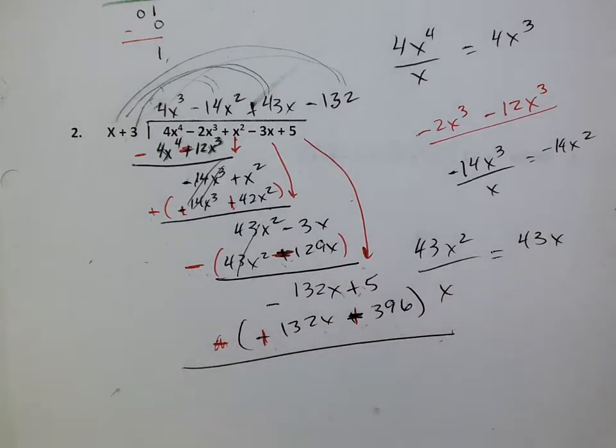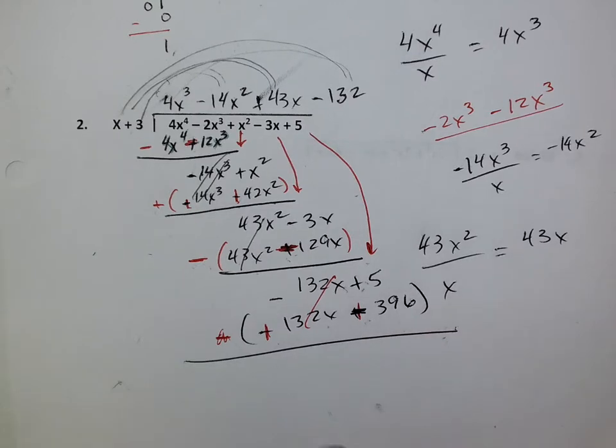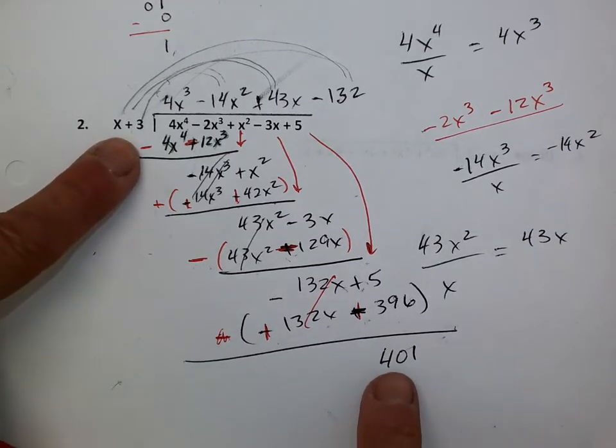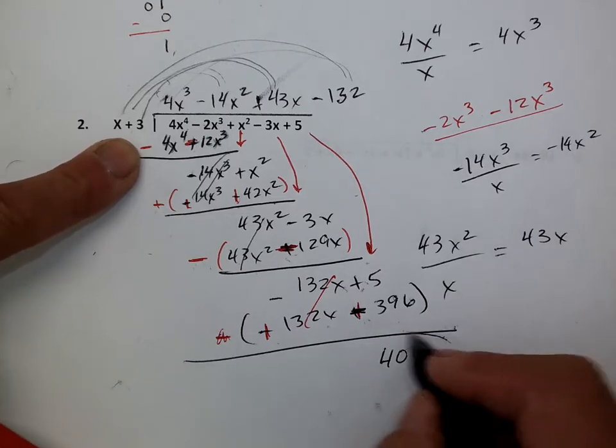But if you were adding, it would stay a negative. Okay, now, that cancels. And what's 5 plus 396? It should be 401, right? Okay, 401. Now, x plus 3 does not go into 401 because there's no x's, right? This is my remainder.